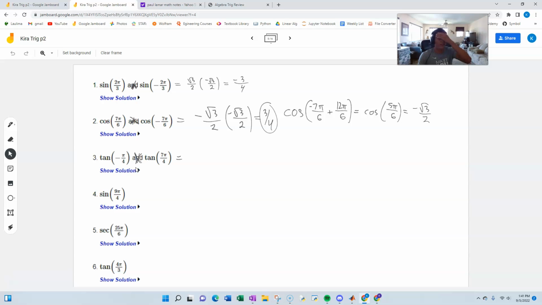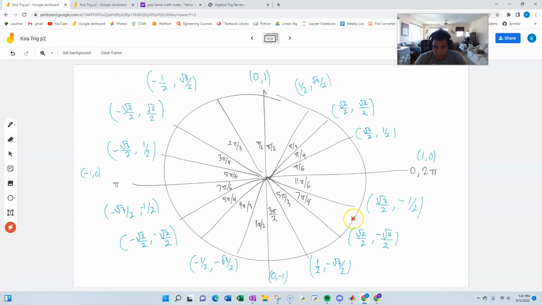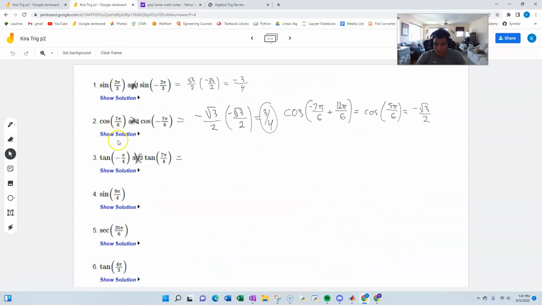Tangent of pi over 4 is always 1. So if there's a negative pi over 4, then we know it's going down this way, into a negative quadrant, because the y's are negative. So in other words, it's negative 1.